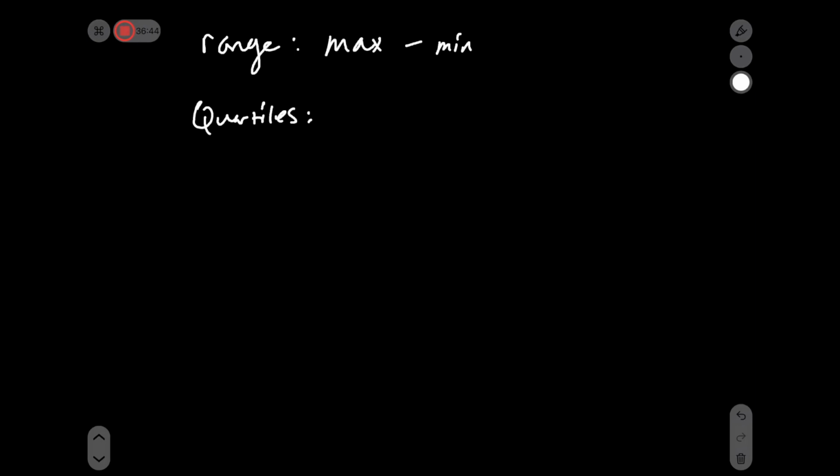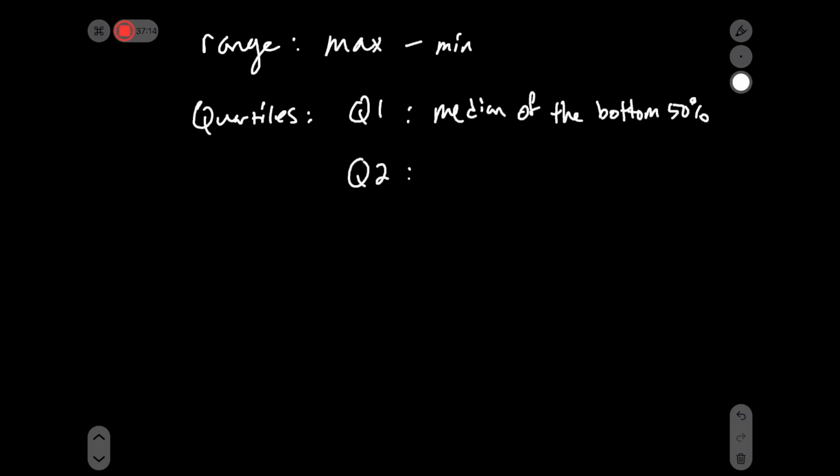So for quartile 1, this is defined as the median of the bottom 50% of your data. In other words, 25% of observations fall below Q1, and 75% fall above Q1. Q2 is just the median for all of your observations.